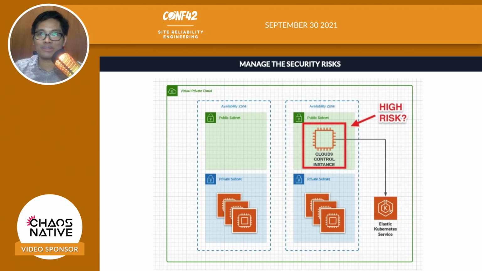And then for some reason, that EC2 instance gets compromised. If that system has the ability to delete all the resources in your account, then boom, even if this entire setup is secure, your entire AWS account would be done. So you might lose the data, you might lose the resources, and make sure that you are prepared for those edge cases.